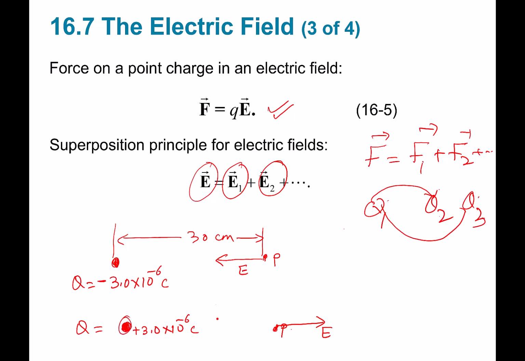So electric field lines are a way of representing them. The electric field always points away from the positive charge, and the electric field always points towards the negative charge. So the directions are shown like that.